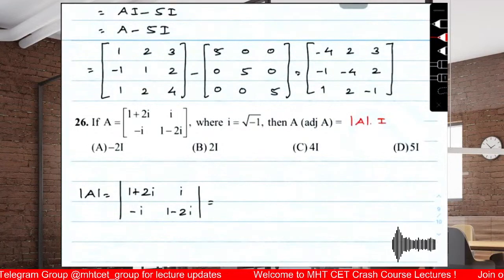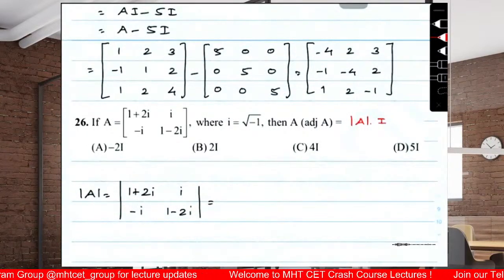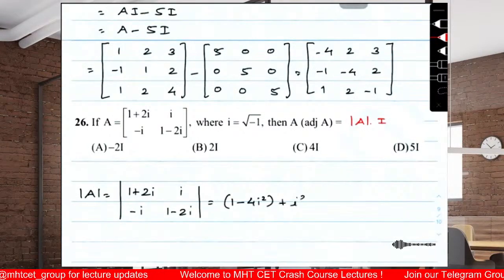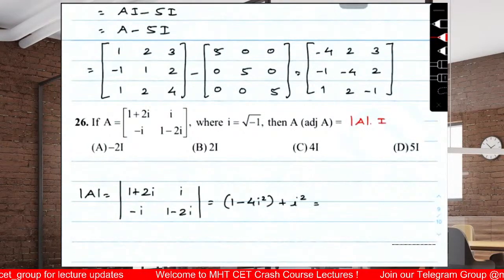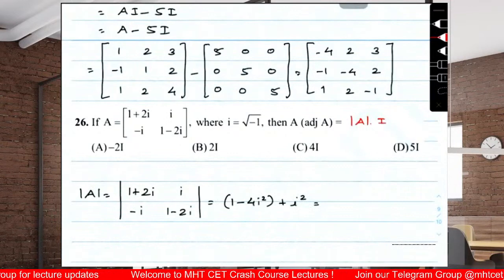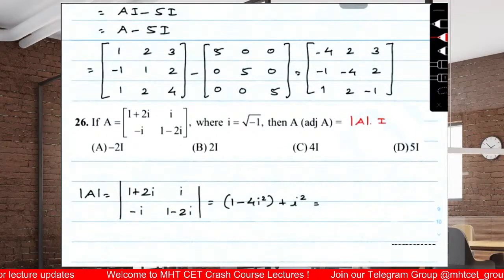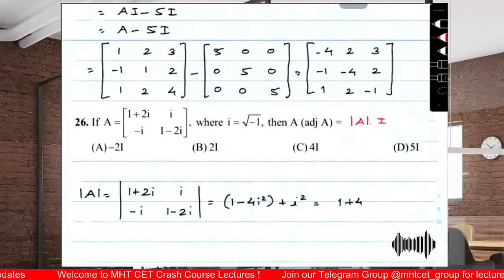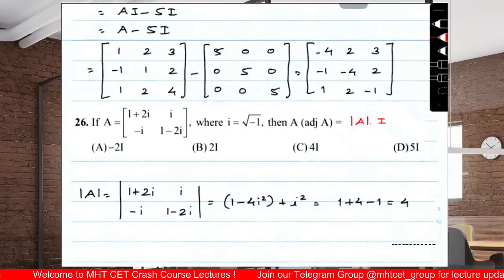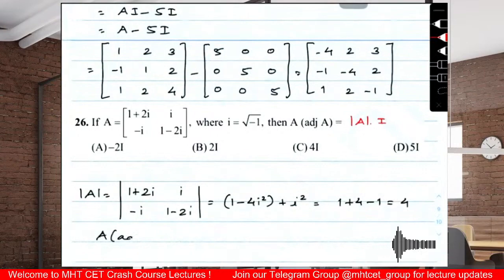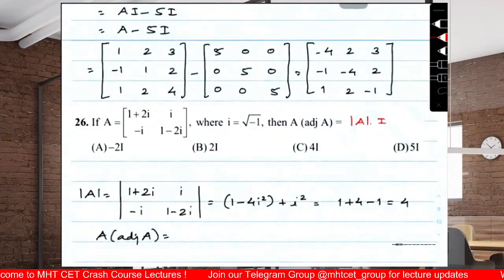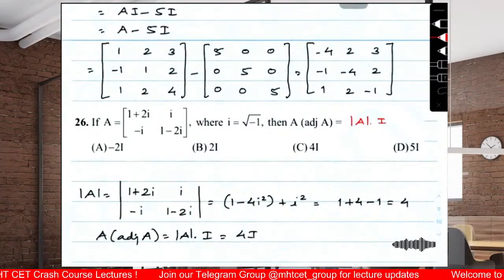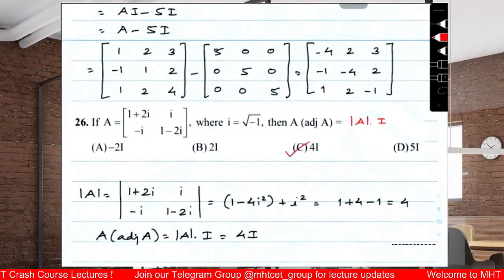Okay, so this 1 plus 2i into 1 minus 2i is 1 minus 4i square plus i square. Right, so this is 1 minus 4i square is plus 4, plus i square is minus 1, so this is 4. So you can say A into adjoint of A is determinant of A into I, that is 4I, option C.